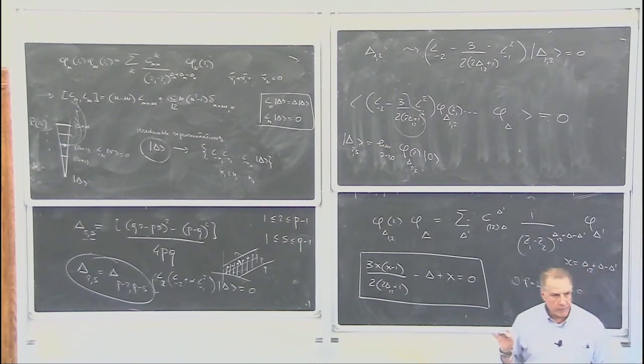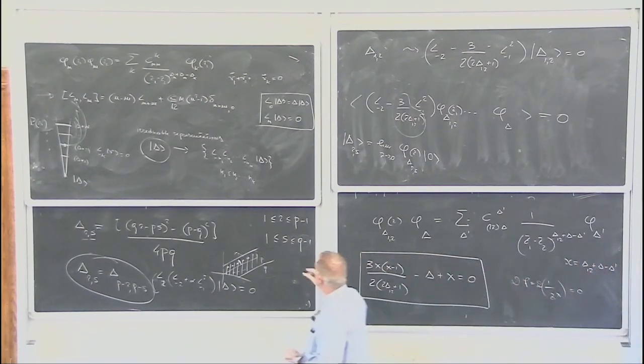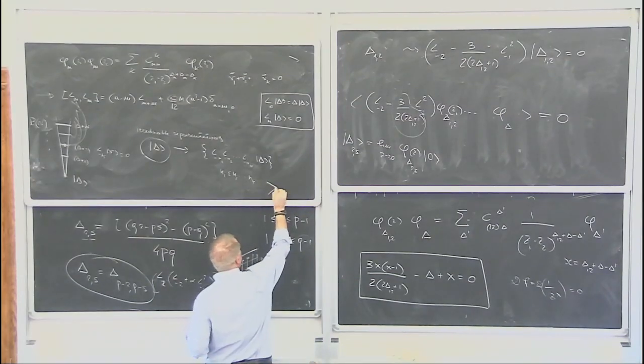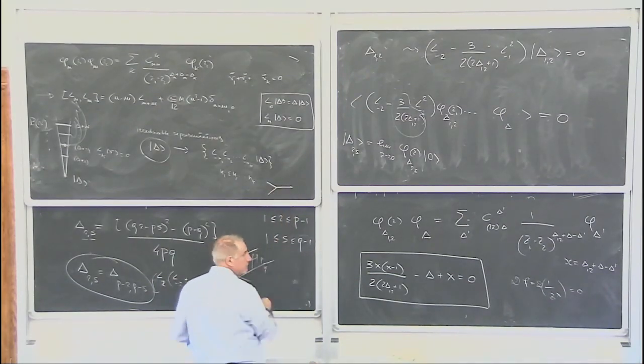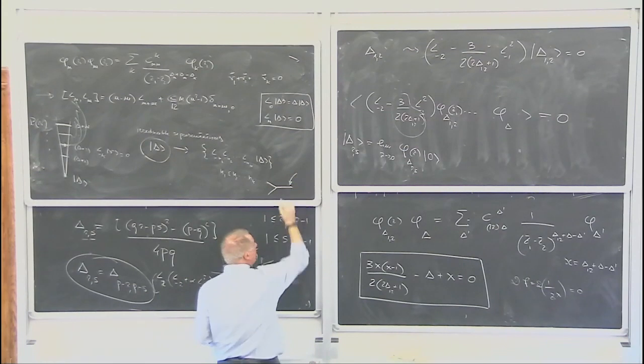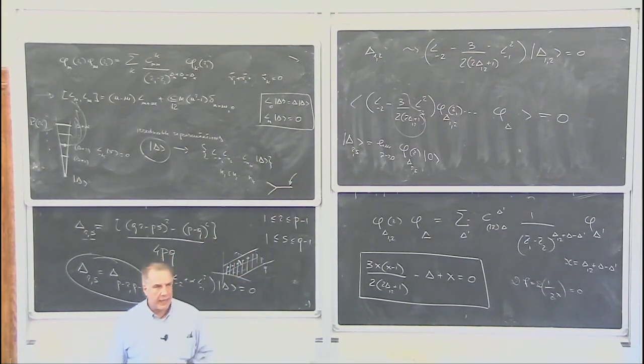Remember the story. You are fusing two fields and you want to know what is here. In particular, how many primary fields run there? Because we already said that the descendants are taken into account by the non-zero coupling of the primary. So the only question I have to put is how many primaries run in that channel, because the infinite number is ensured by the family.